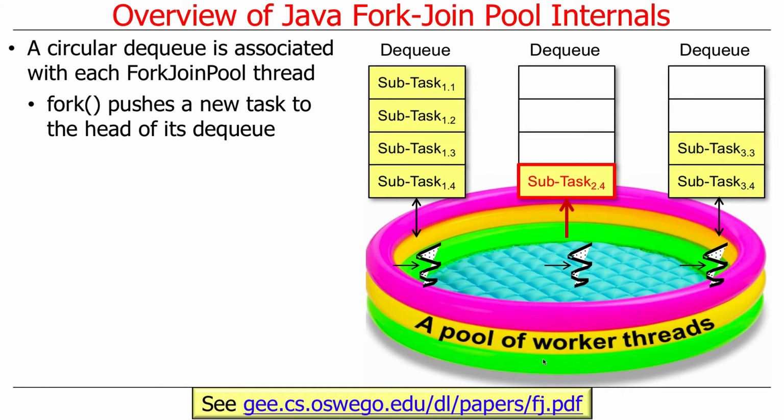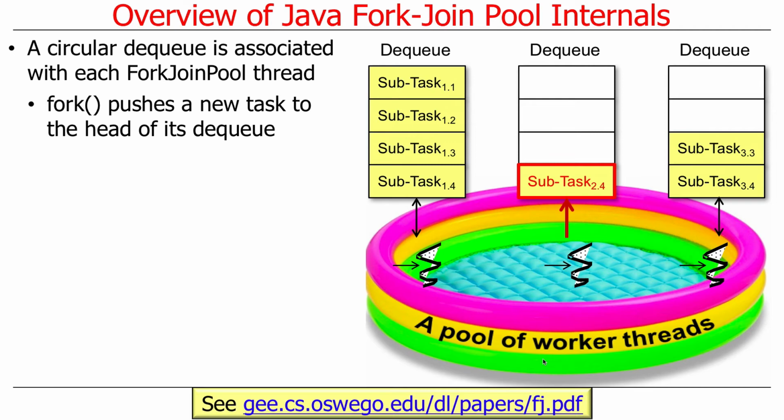And the way it works is whenever you call fork on your instance of RecursiveTask or CountedCompleter or RecursiveAction or ForkJoinTask or whatever it is you're using to make your computation, that takes the new task, which is now really a subtask, and it pushes it onto the head of its deque. Remember, every thread in the thread pool has its own deque. So it pushes the subtask onto its deque.